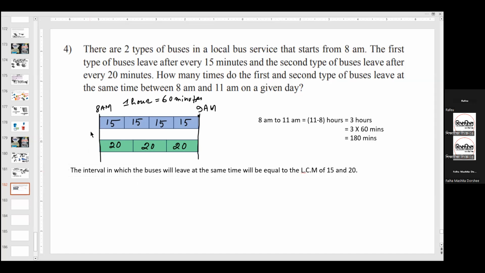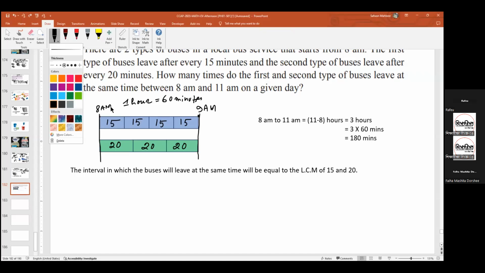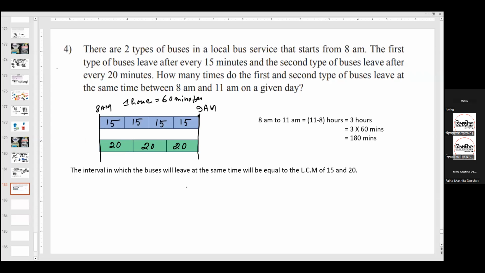We know the LCM of 15 and 20 is 60, as we can see in this image that they will meet here, after 1 hour, or in 60 minutes length, or 60 meters length if it is about length. But since we are talking about time, it is minutes, right?